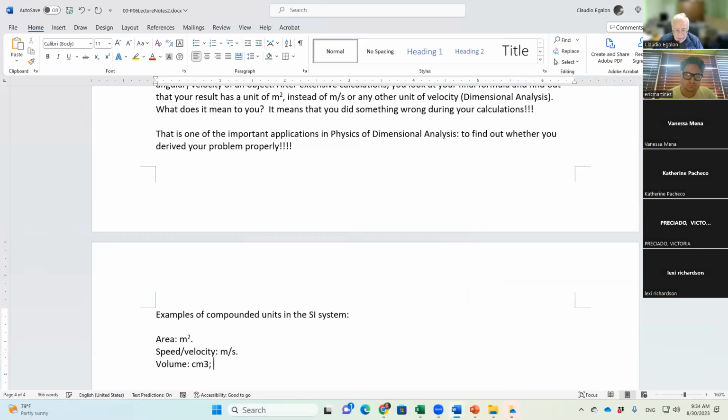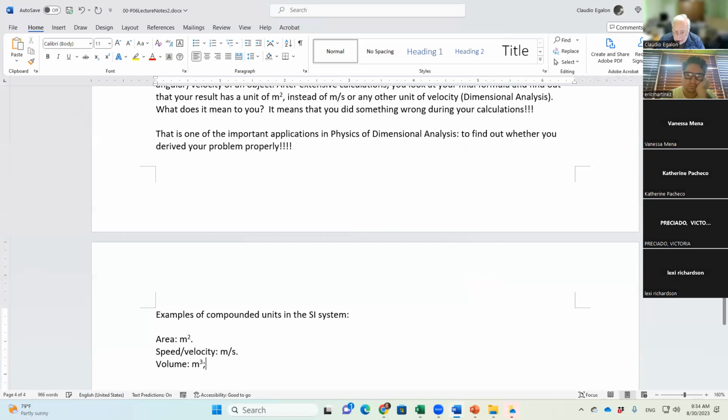But that's not the unit in the international system of units. The unit of volume in the international system of units should be just the cubic meter. Okay? Cubic meter. So let's stick to those three.